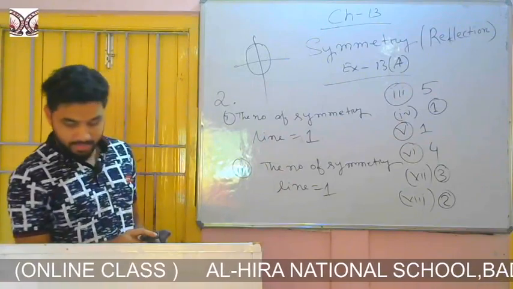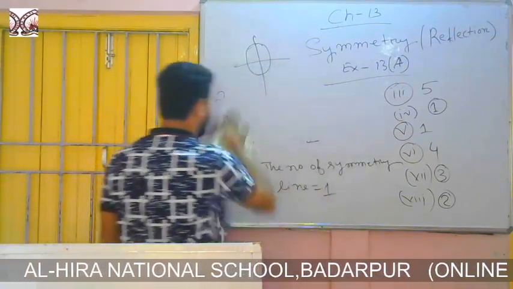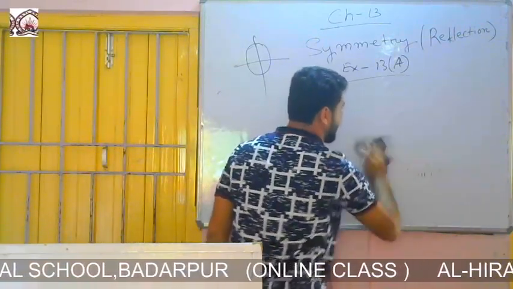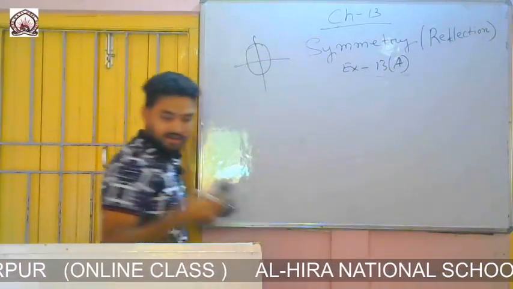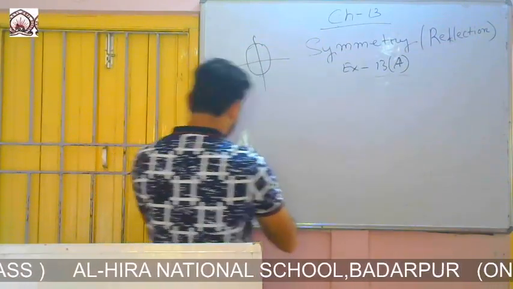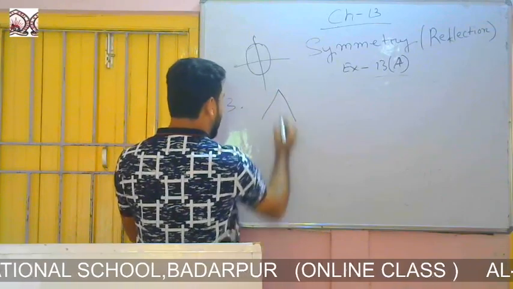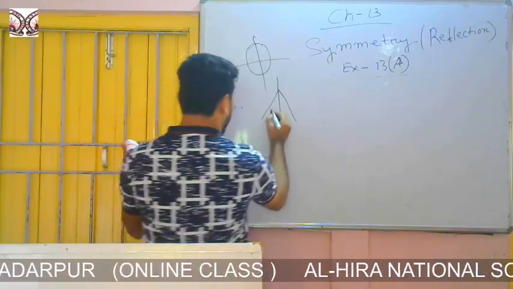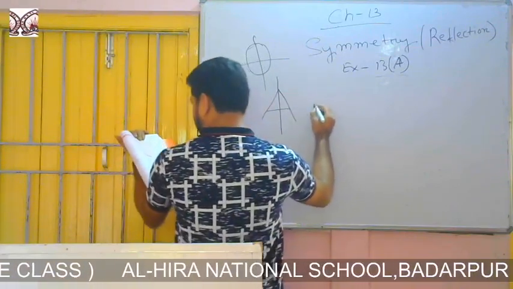Okay, you see the first letter A. I can divide like this. So this will be the line of symmetry. Okay, you do it at your home nicely.